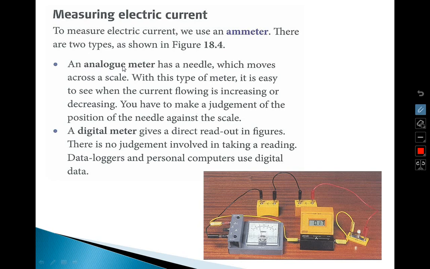There are two types of ammeters shown in figure 18.4. This one is one type, and this one is another type. This one is an analog meter, and this one is a digital meter. So the first one is an analog meter.